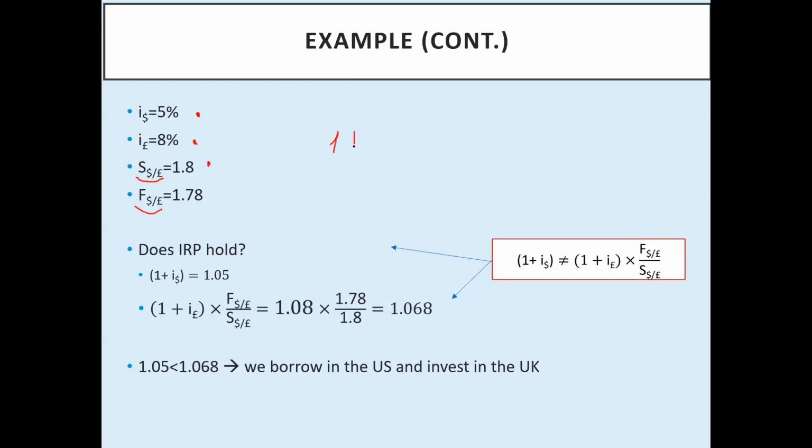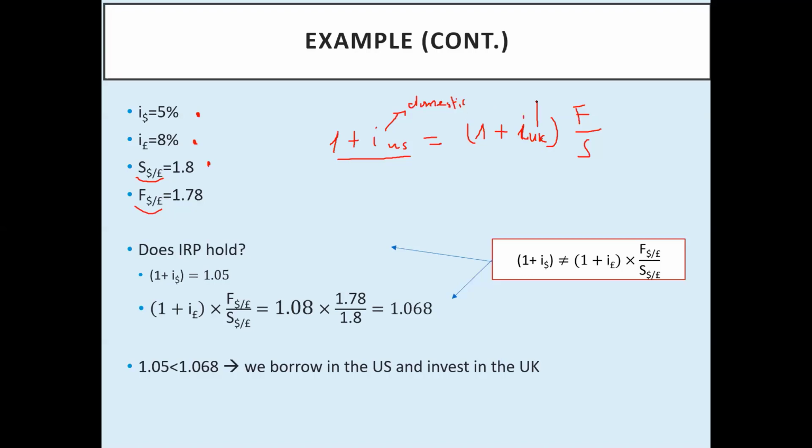So if I go back to my interest rate parity condition, this is my interest rate parity condition, okay? One point to note here is that on the left-hand side I've got the interest rate for the domestic country, so this is the domestic interest rate.